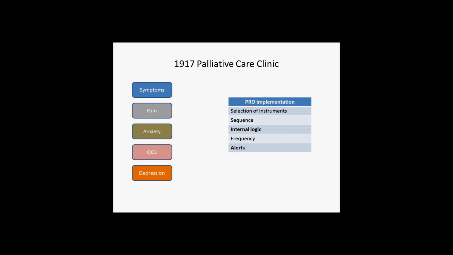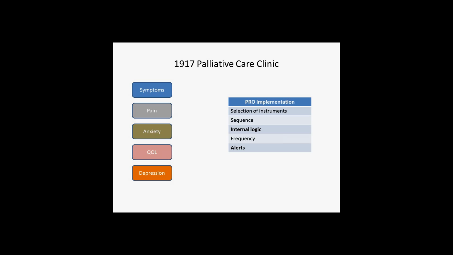When we worked with our palliative care clinic, they asked us to do some interesting things. They wanted to start with a general symptom survey. And depending on the symptoms, if a symptom was worse, they wanted subsequent instruments, pain, anxiety, quality of life, and depression, to be included.